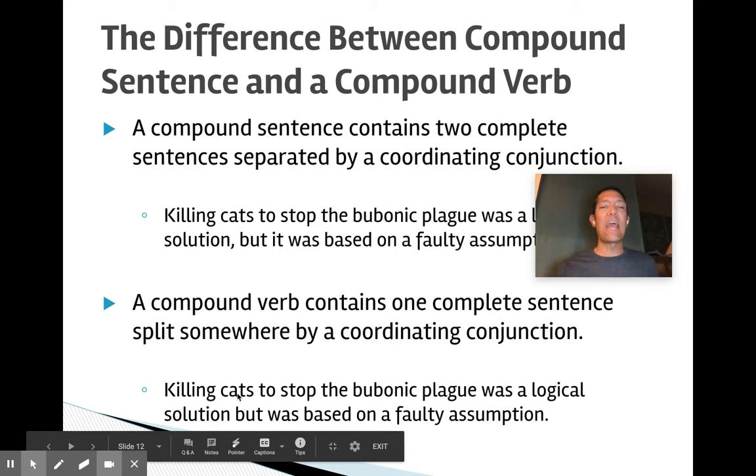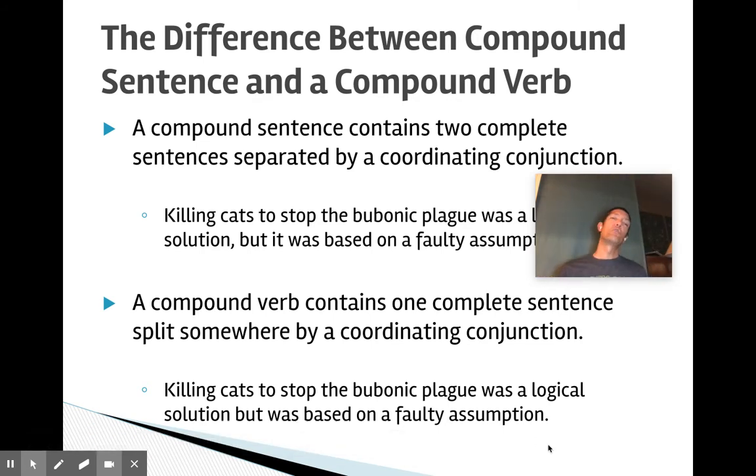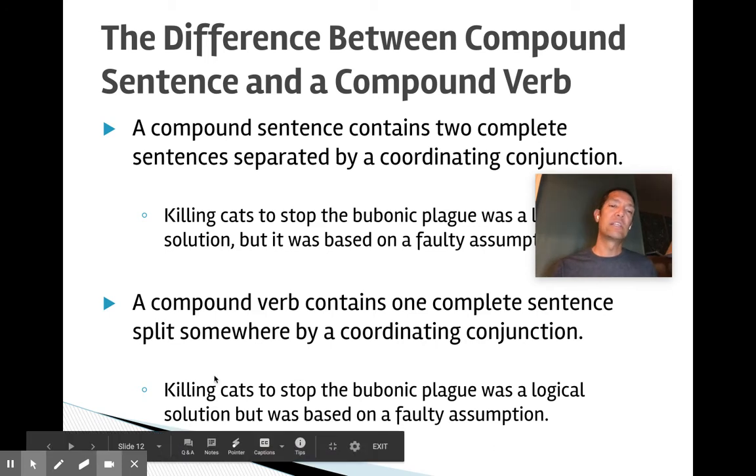So killing cats, killing really, does 2 things. Killing was and also killing was. So it was a logical solution. And it also was based on a faulty assumption. You have 2 verbs that go with this subject. So what happens is if you put a comma here, you're separating everything before it with everything after it.